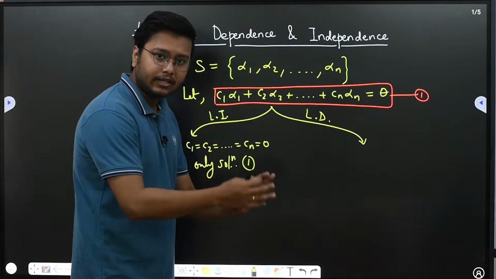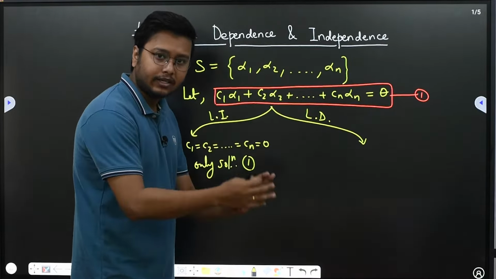Now a few important observations or conclusions I need to make here. Number one, the superset of a linearly dependent set is linearly dependent.